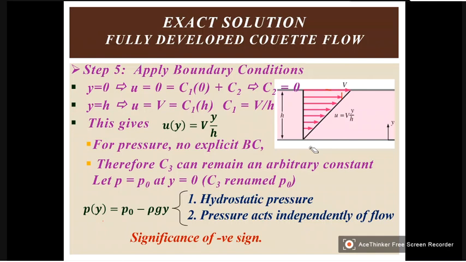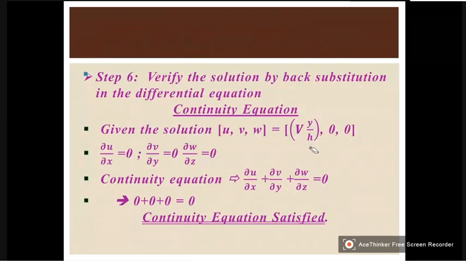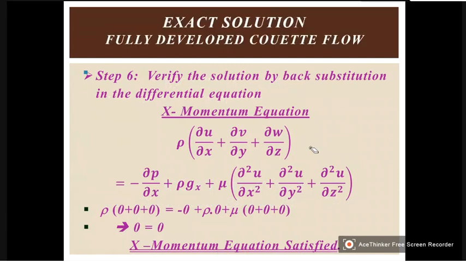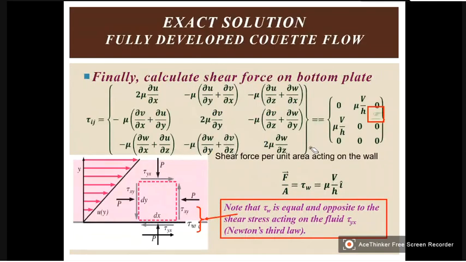So the last step is to verify the solution by back substitution. If you verify, you will get it. Now, the ultimate thing is to calculate the shear force on the bottom plate. Now here I will stop.